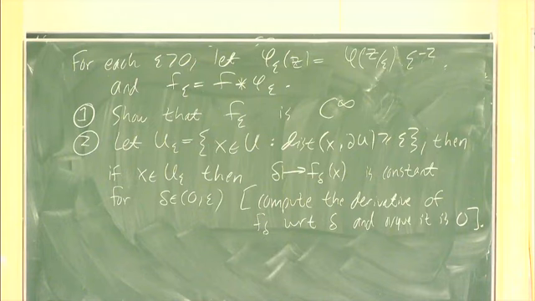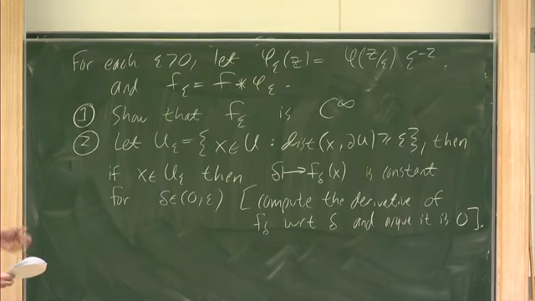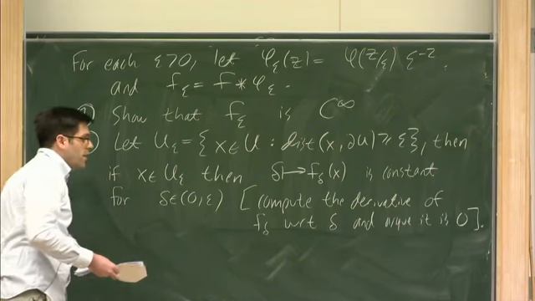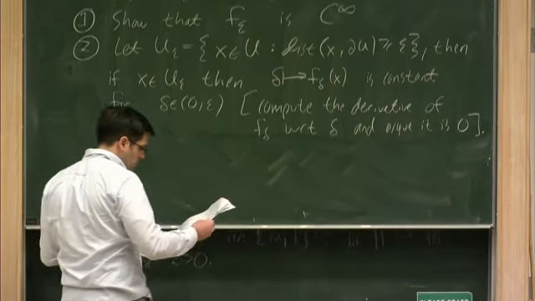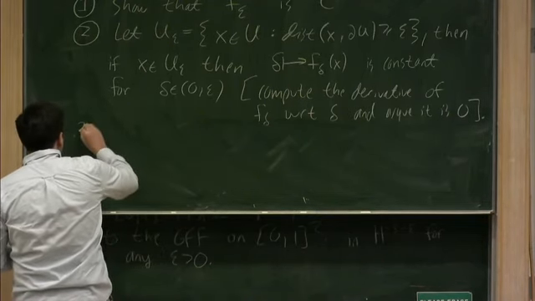I mean, basically what happens when you differentiate this with respect to delta is you'll see that this can be expressed as the integral of f against the Laplacian of something, and therefore, because it's harmonic in the distributional sense, you're actually going to get 0. So that's very nice.